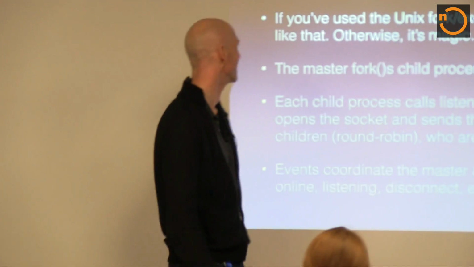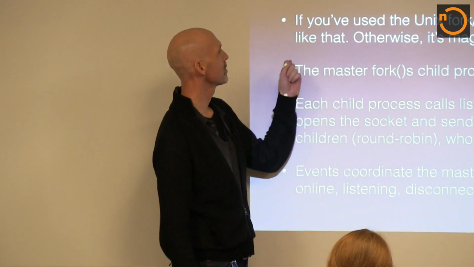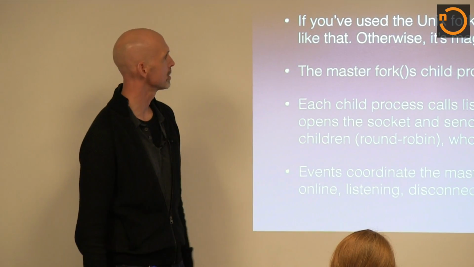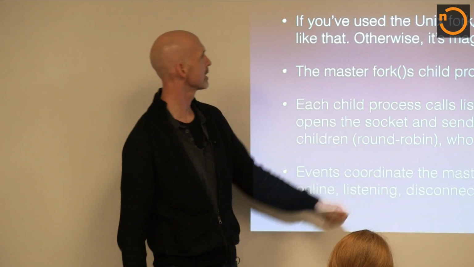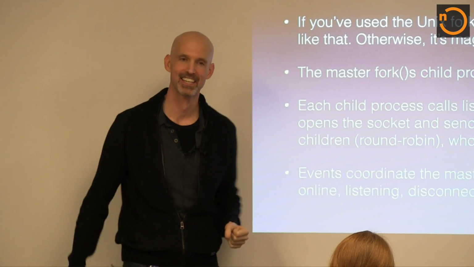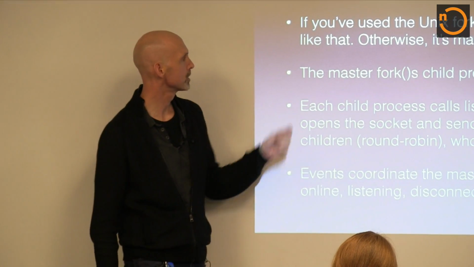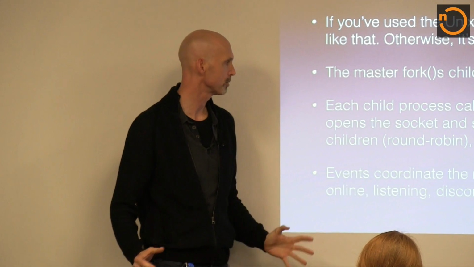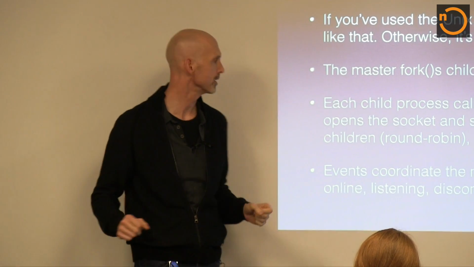OK, here's cluster in 2 minutes. If you ever used Unix or done some Unix C programming and you used fork exec, it's kind of like that. Otherwise, it's just magic. The master basically is forking the child processes, and I'm really hand-waving a bit here.